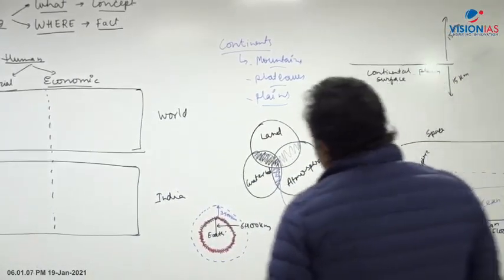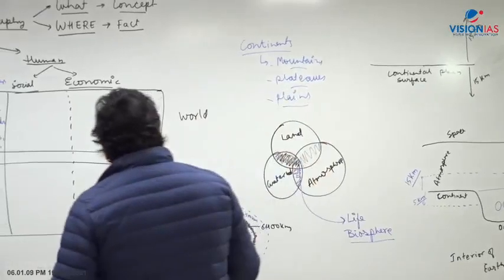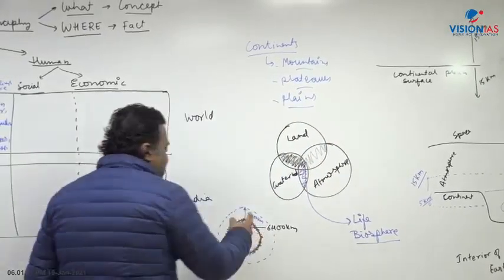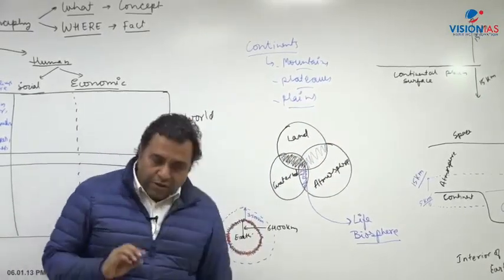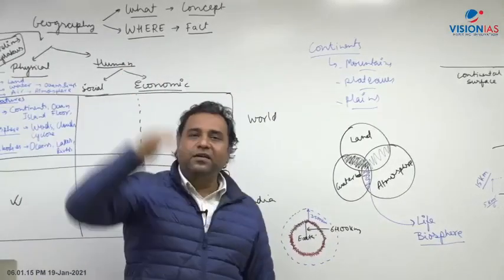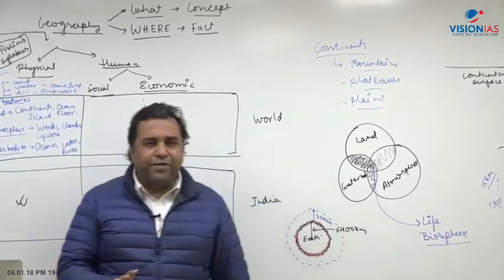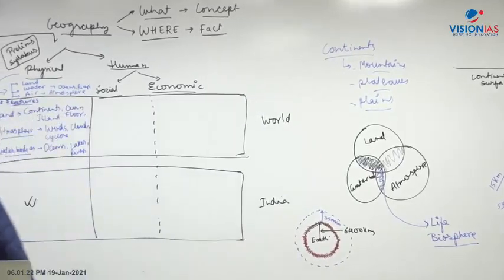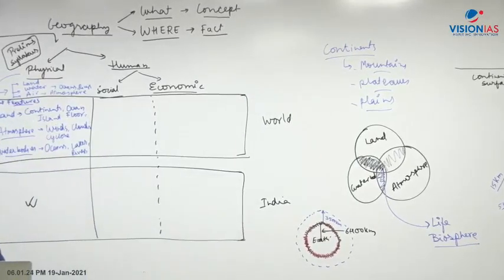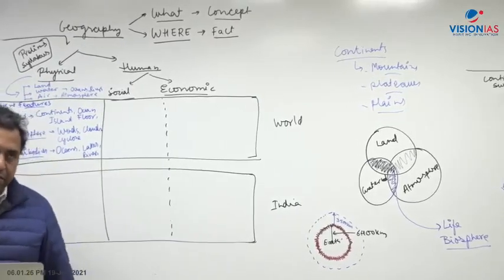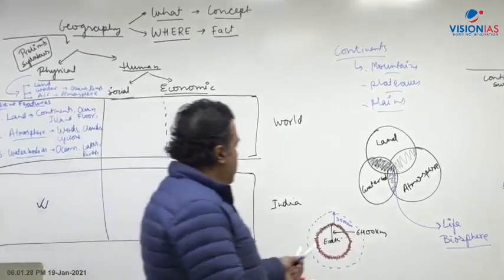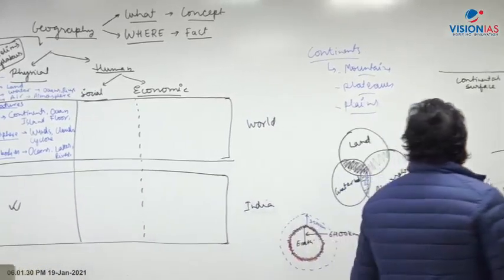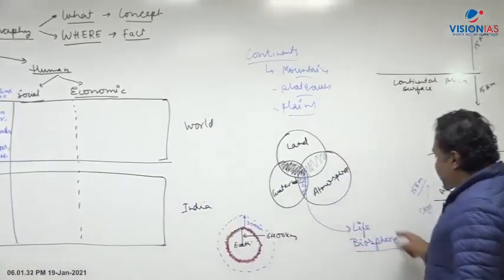So when you talk of the whole earth, only this much region is the biosphere, a thickness of 15 kilometers above the land and 15 kilometers below the land. On an average, that's it, maximum. And I'm not talking of extreme microbes still, but that is the range, just to let you know. So this is where you have the biosphere.